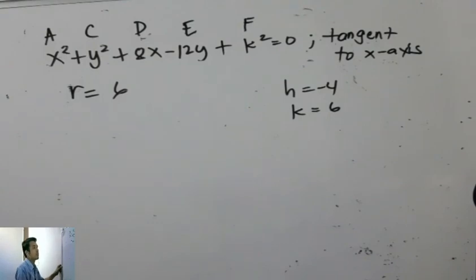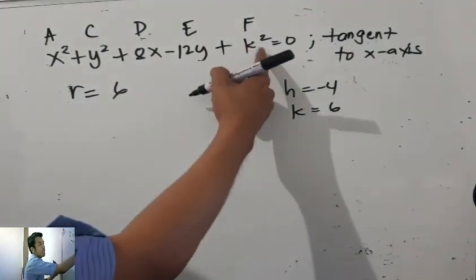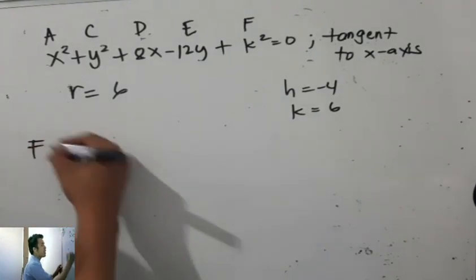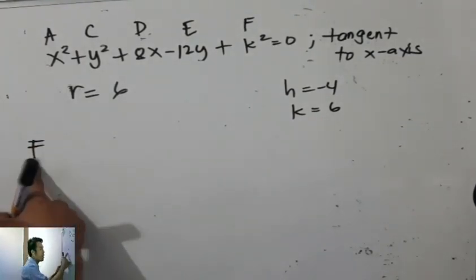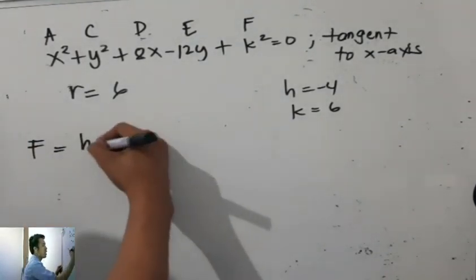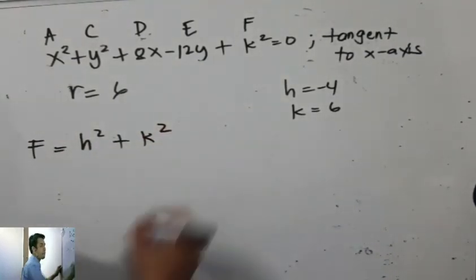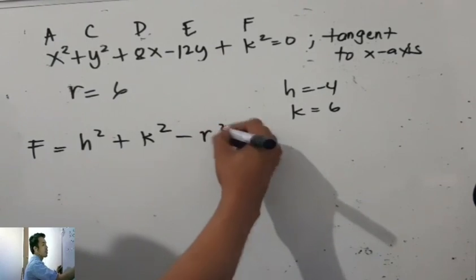Now, how do we find the k squared? Since k squared is our f, to find the k squared, or our f, it is equal to h squared plus k squared minus r squared.